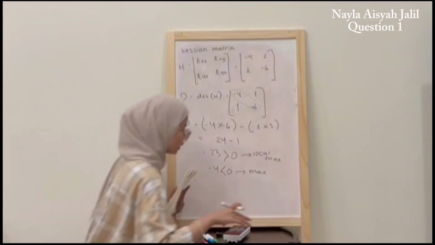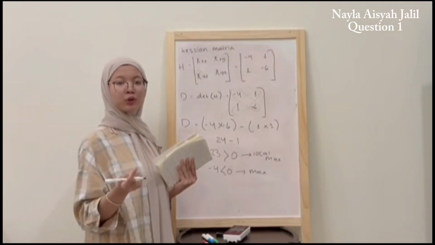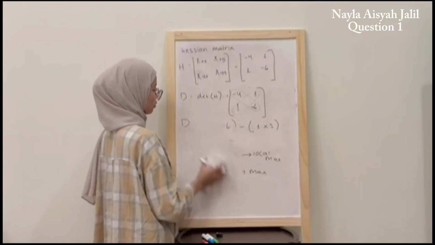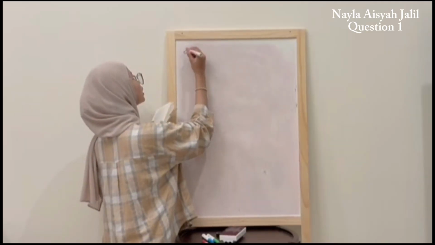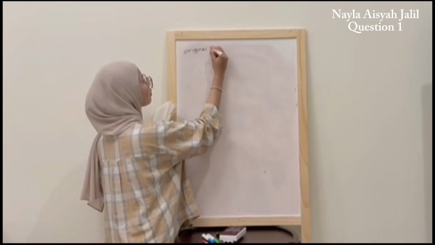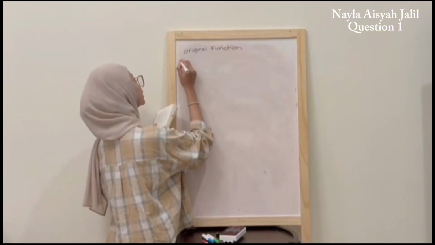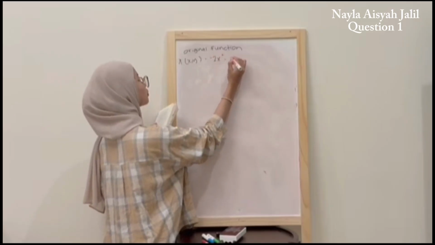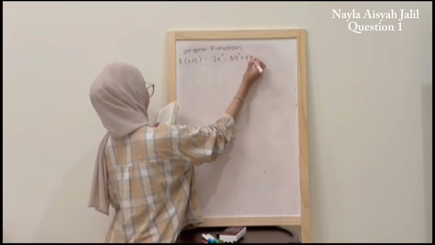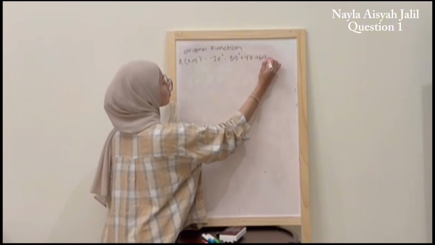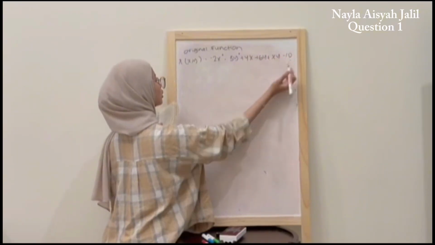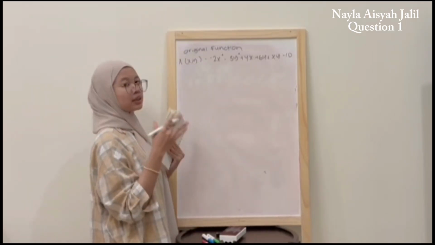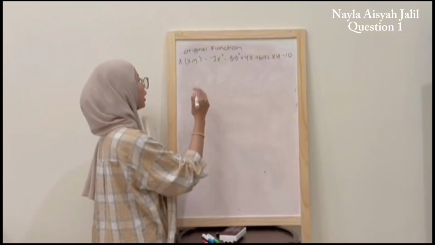And then after that, we have the x value and then the y value, so we substitute them into the original function. So we substitute the x value and y value into the original function, okay?